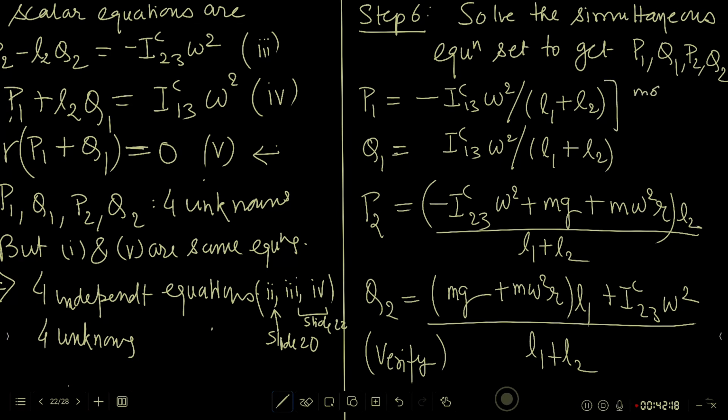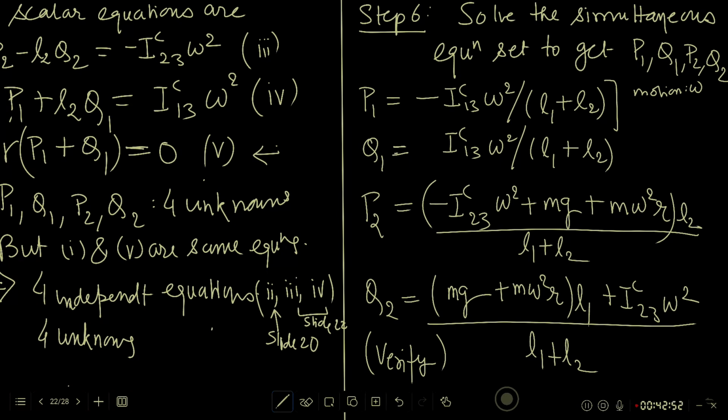So if I make omega as 0, what will happen to P1? P1 will be gone. By my definition of DRFS, P1 is a part of DRFS, dynamic reaction force system. What happens to Q1? Same thing. If omega goes to 0, if I do an experiment with 0 omega, Q1 will be 0. And that's why Q1 is also part of DRFS.